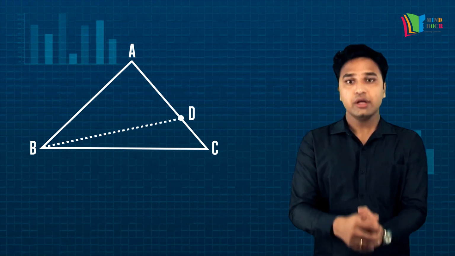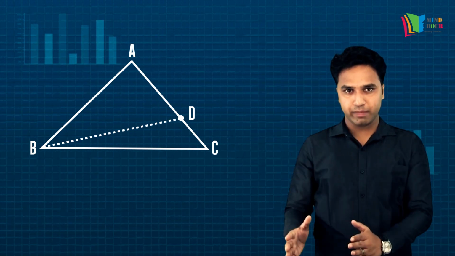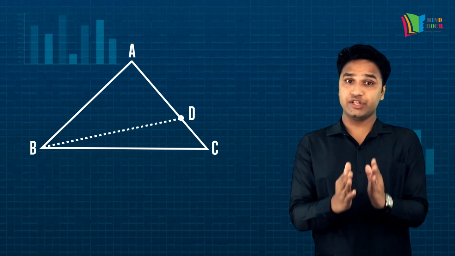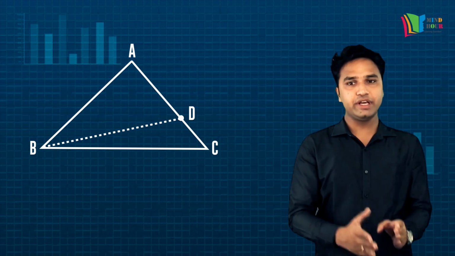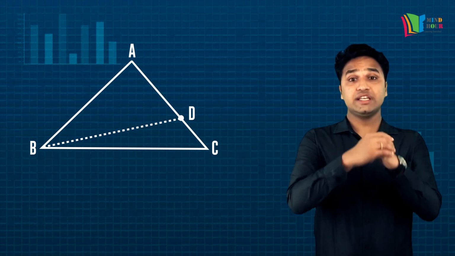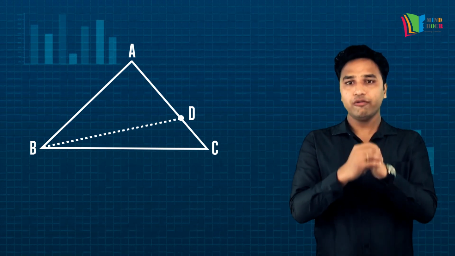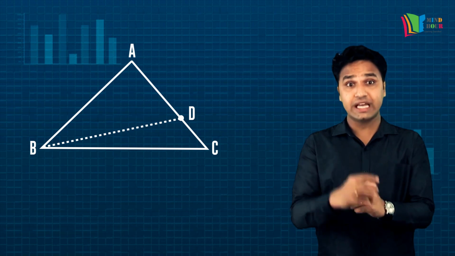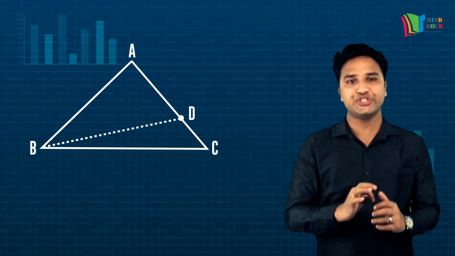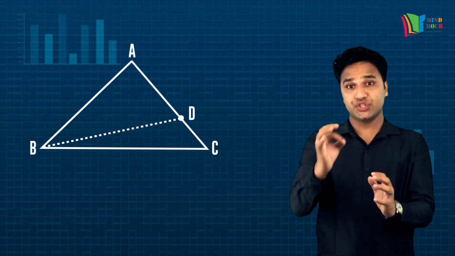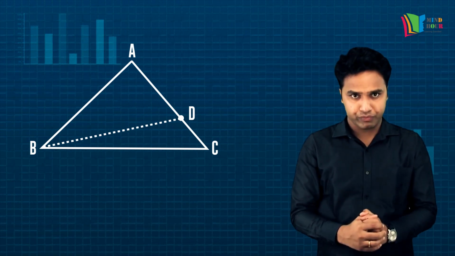By construction, we have AD is equal to AB. Since angles opposite to equal sides are equal, therefore angle ABD is equal to angle BDA. Angle BDA is an exterior angle of triangle BCD. An exterior angle is greater than each of the interior opposite angles. Therefore, we have angle BDA is greater than angle BCD.